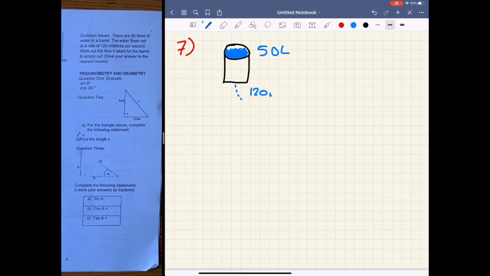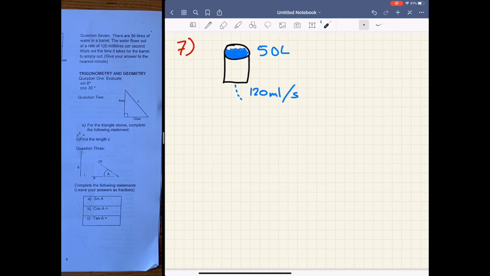How long will it take for the barrel to empty, basically, and give your answer to the nearest minute? So first of all, we've got two different units here. We've got liters here, and we've got milliliters per second here, right? So we need to convert milliliters into liters, or liters into milliliters.